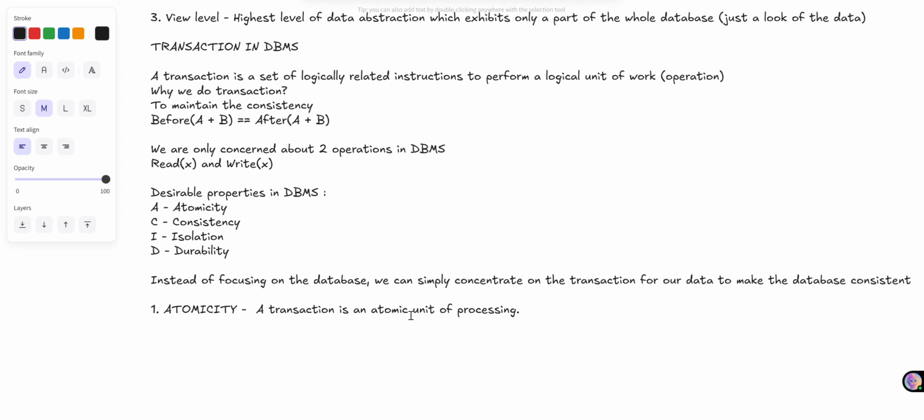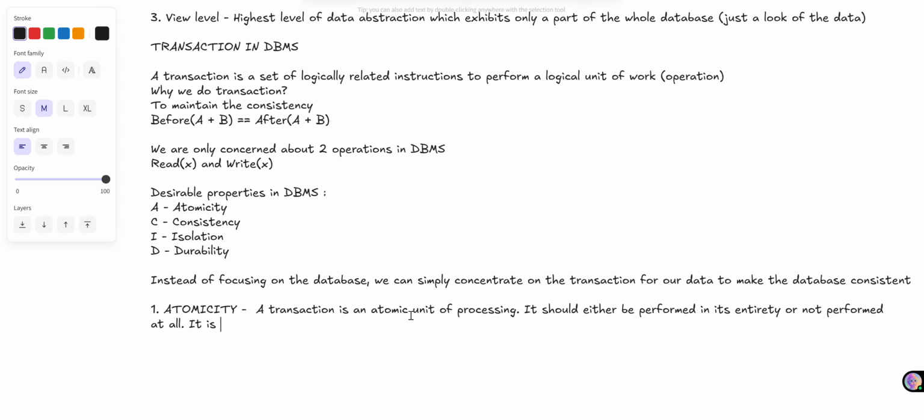This is why a transaction is an atomic unit of processing. It should either be performed in its entirety or not performed at all. I already told you this one before. So now whose responsibility is it to maintain the atomicity?